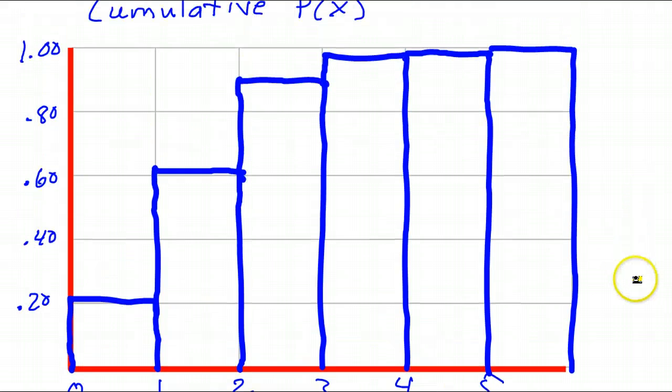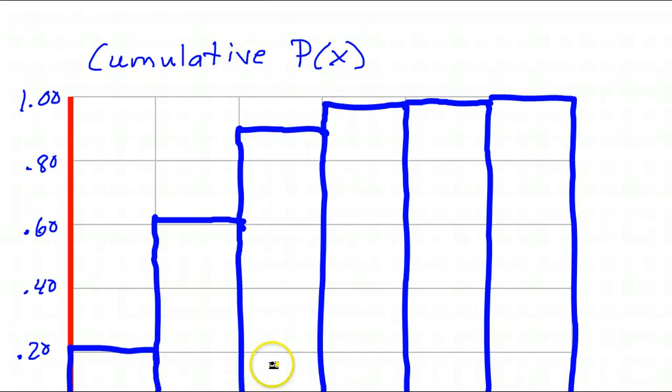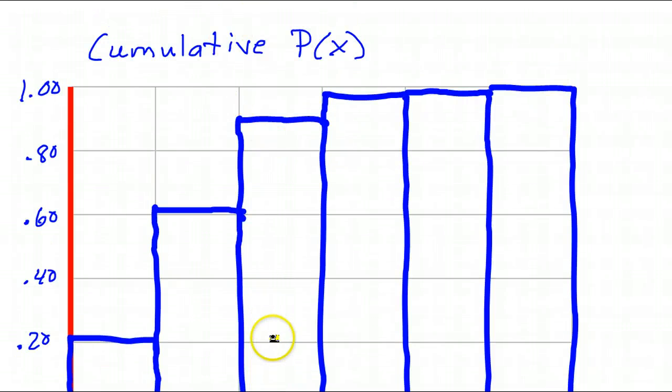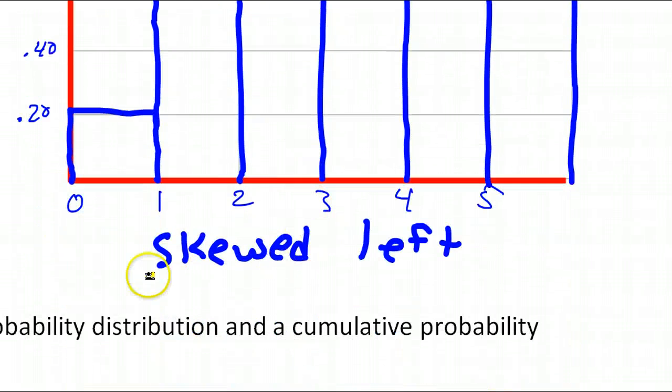Yes, it will, because cumulative is always building higher and higher and higher. So the fat end will always be on the right, and the small end, the tail, will always be on the left. So please understand that cumulative distributions will always be skewed to the left.